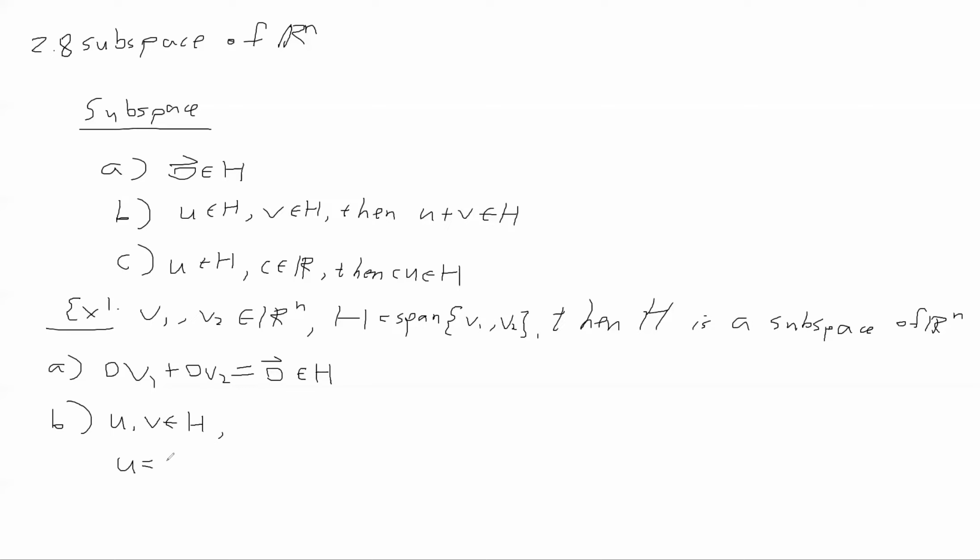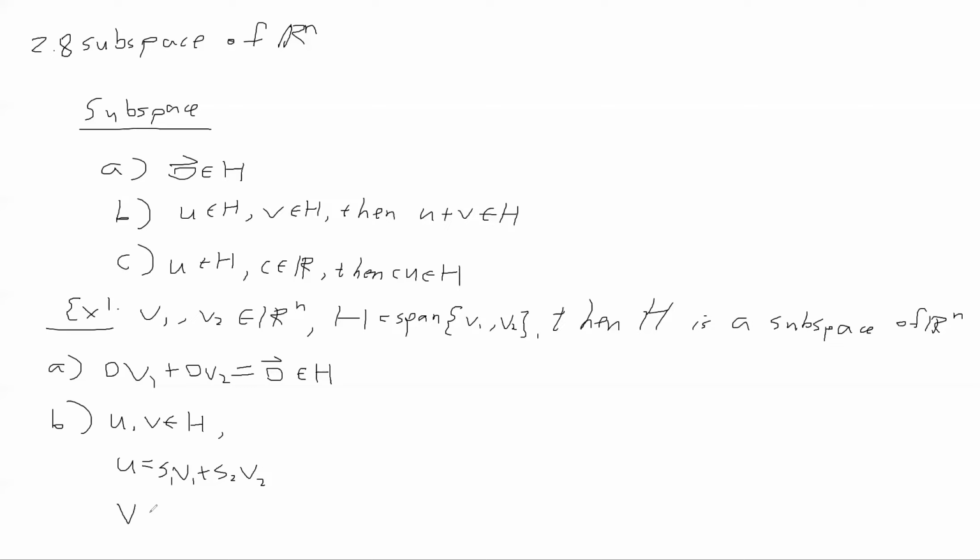U is some S1 times V1 plus S2 times V2, right? That's the definition of being in the span of V1, V2: you can write it as a linear combination of V1, V2, where S1 and S2 are just some scalars, right?